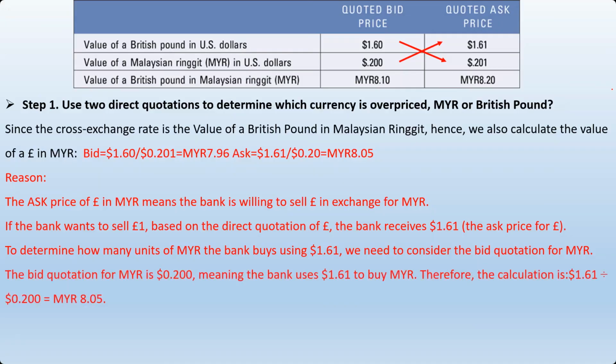The bid quotation is 0.2, meaning the bank will use 1.61 to buy Malaysia ringgit. So the calculation is 1.61 divided by 0.2, which is 8.05. So the bank is willing to sell 1 British pound in exchange for 8.05 Malaysia ringgit. That is basically the reason why, when we calculate, we need to cross it. Any question here?